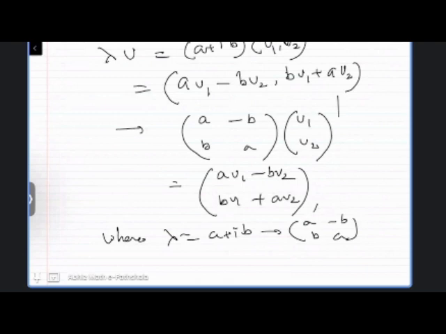And you can connect this v in terms of complex representation: this is v1 plus i v2. I'm not saying that these v1, v2 are complex; these are real numbers. I'm just taking the complex representation of this entity.